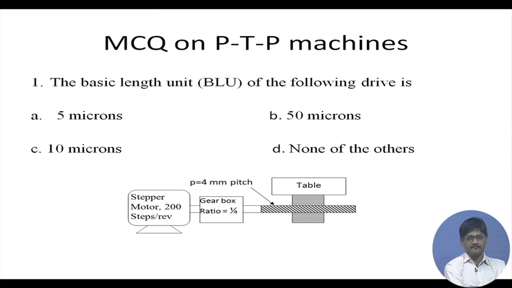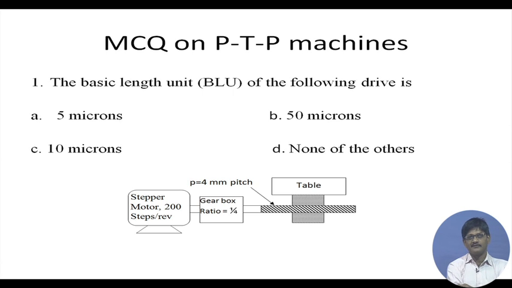move the table. So, if 200 steps are there in one revolution, the gearbox receives one full revolution and outputs a quarter of a revolution. So, one full revolution of the gearbox will result from 4 revolutions of the stepper motor shaft.